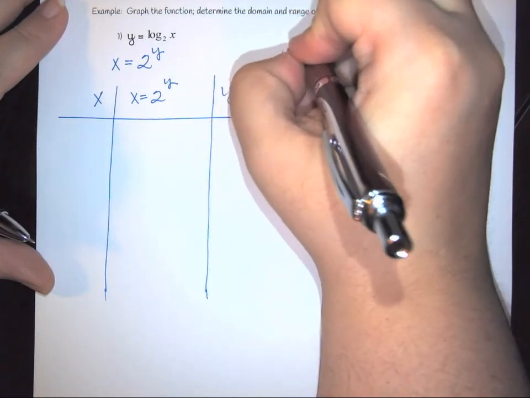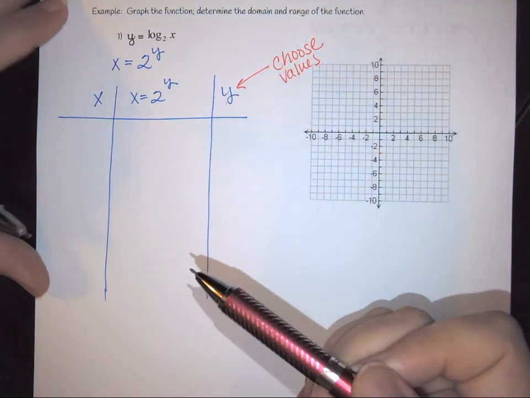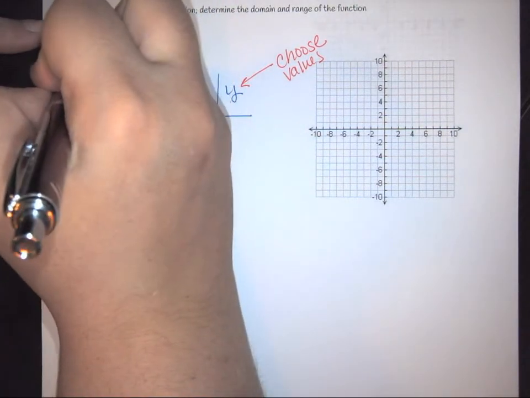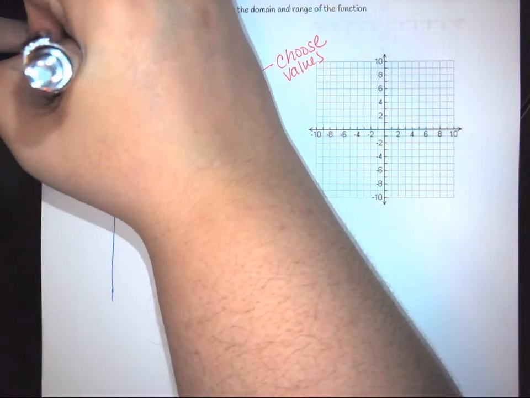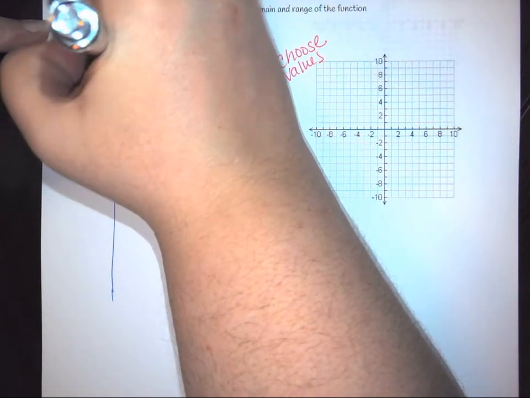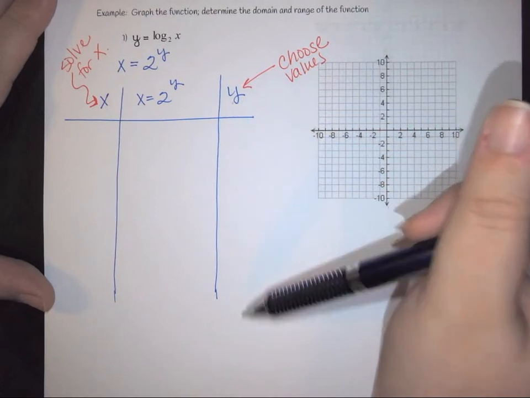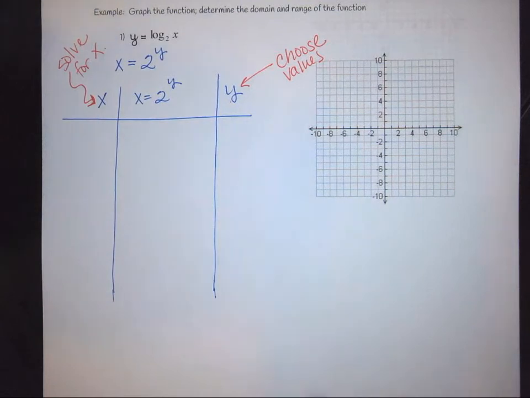We are choosing values for the y, and choosing values for the y means that we are solving for the x, which is different. Normally, we would be choosing values for the x and solving and dictating the y value. But here, we're flipping things around.